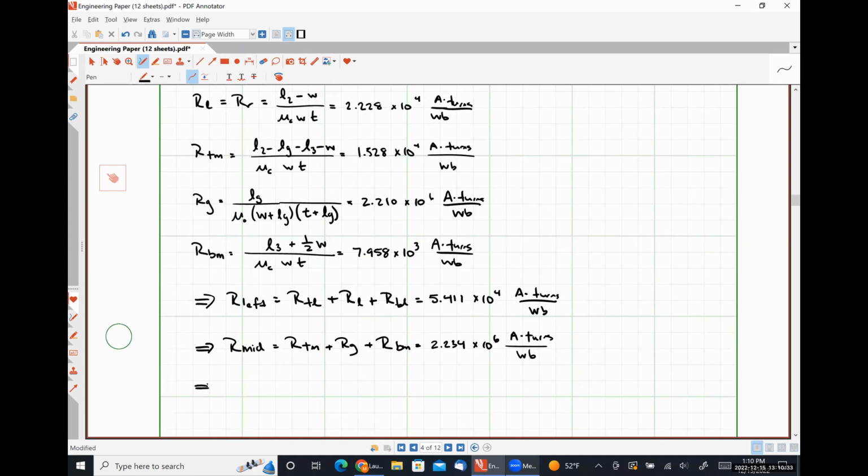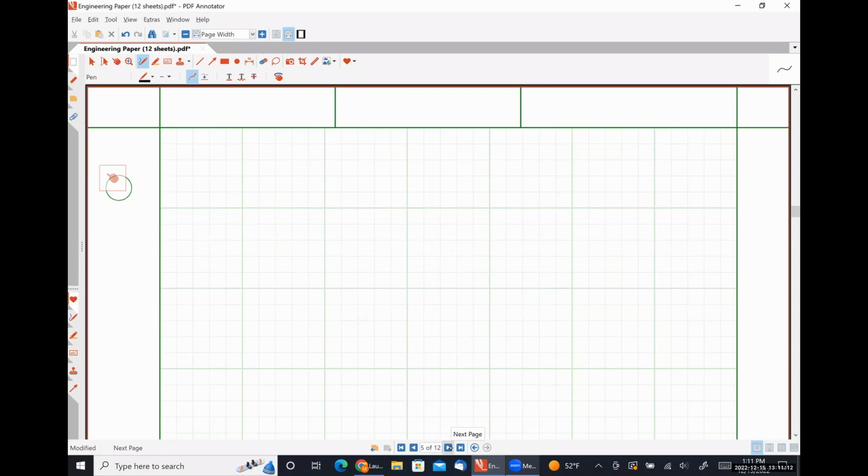And then lastly, we have that right hand path. That is going to be R top right plus R right plus R BR, and that should be the exact same thing as R left because our magnetic circuit is symmetrical. So 5.411 times 10 to the 4 amp turns per Weber. All right. So I'm using these three new reluctances to redraw my equivalent circuit in a way that's a little less of a pain to look at.